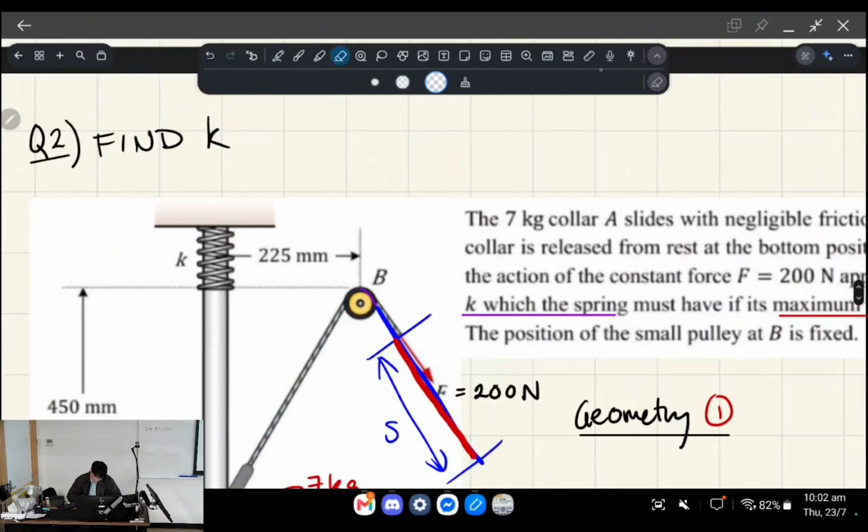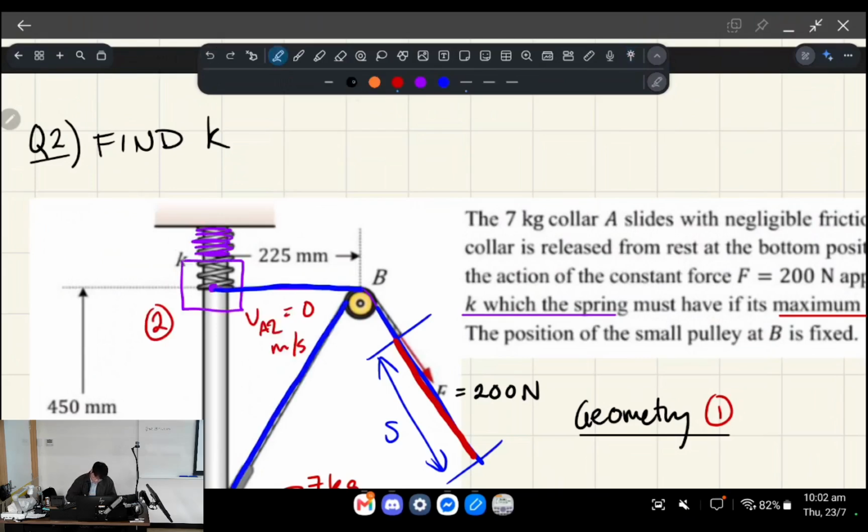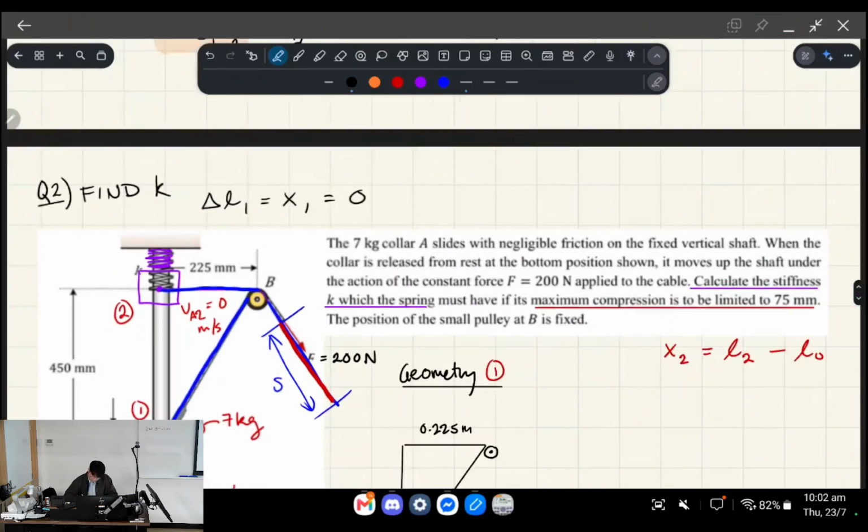In state 1, the spring is at its equilibrium length. So delta L1, which we're also going to call x1, is 0 because it is at its equilibrium length. What about delta L2, which we're going to call x2? What is its deviation from its equilibrium length?